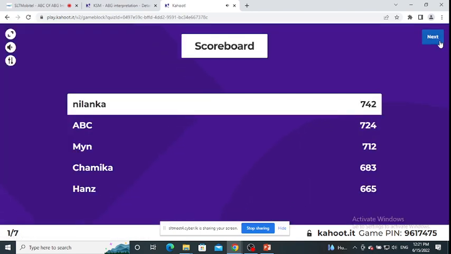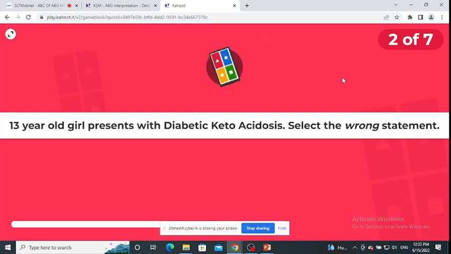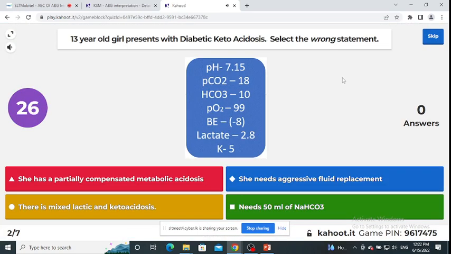So Nilanka, you are first. Next question. A 13-year-old girl presents with DKA, and you have to select the wrong statement here. Pretty easy. Answers are coming up.